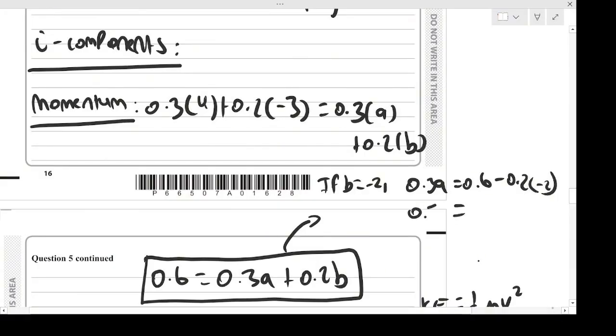And so 0.3A would be 1. So therefore, A divided by 0.3 would get 10 over 3. So A is positive in this case, right?